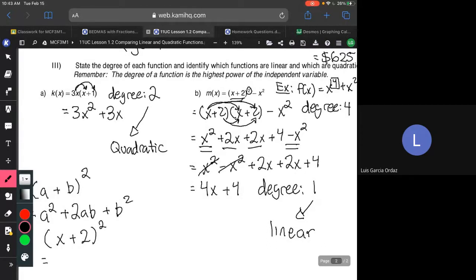So if I square x, what do I get? X squared. So to get my second term, I need to multiply 2 by x and then multiply that whole thing by 2. So what's 2 times x? What's 2x times 2? And then what's 2 squared?